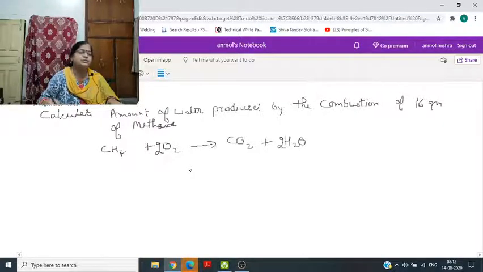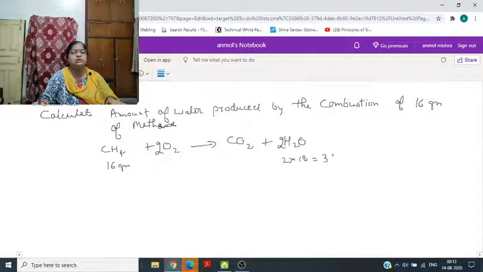A third step is, we write down the molar mass of the given compound. So this is 12 plus 4, 16 grams of methane, and water is 2 into 18, so that is equal to 36 grams. Now we can see that 1 mole of methane gives you 2 moles of water.